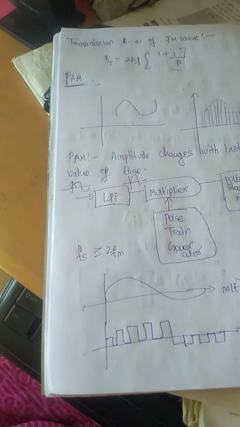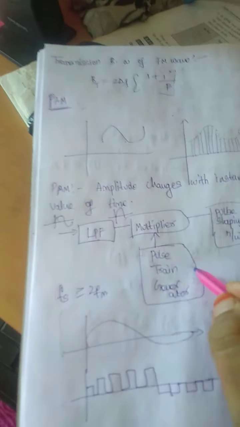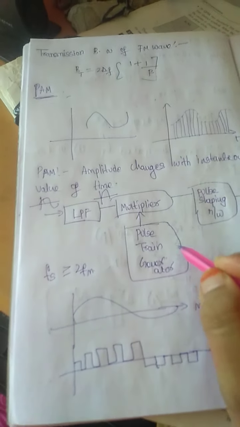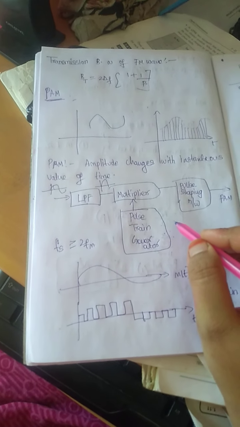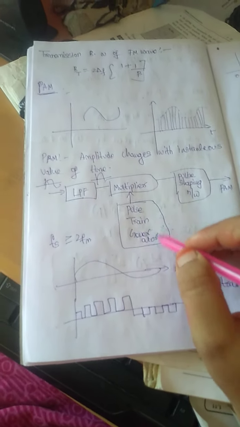Now we are going to do generation of PAM. It is very easy to generate and demodulate a PAM signal. We need to convert the signal to PAM by feeding it through the switch which we are using here.